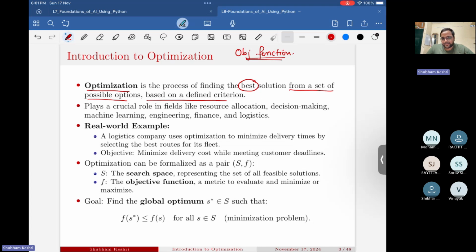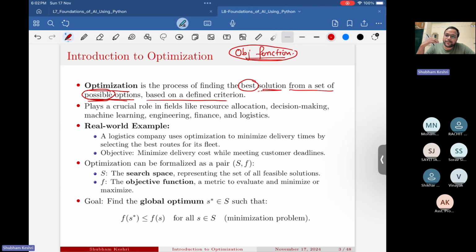If it is a maximization problem, then you are trying to maximize this objective function by choosing some solutions from all the possible solutions, right? And there may be some solutions that are not possible.